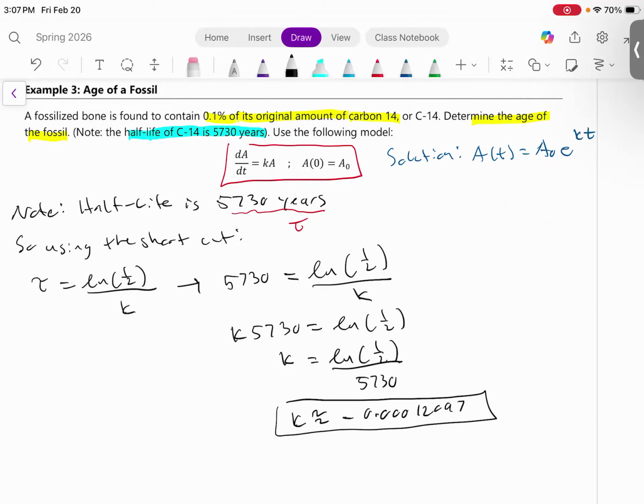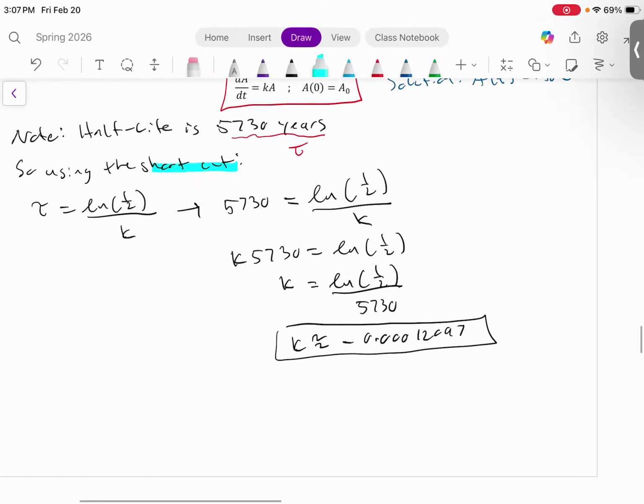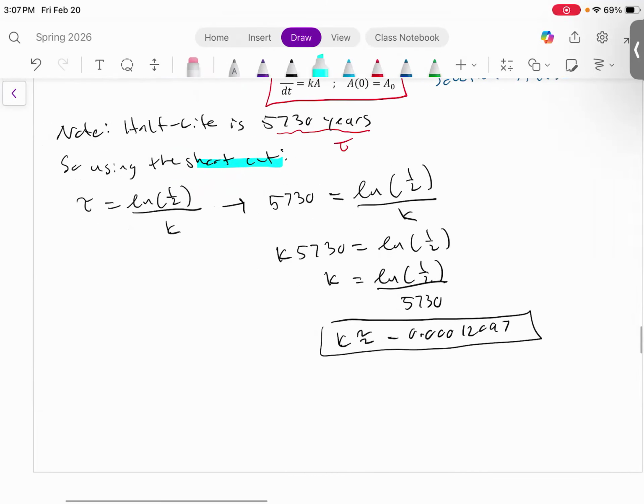So we streamline the process, with less work than normal, using this shortcut. It's a very handy shortcut to use when we're dealing with half-life. And so our solution is A of t equals A naught e to the negative 0.000121 t.